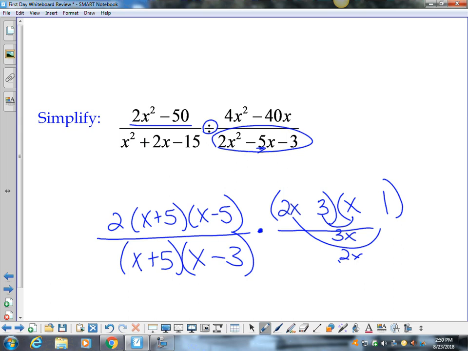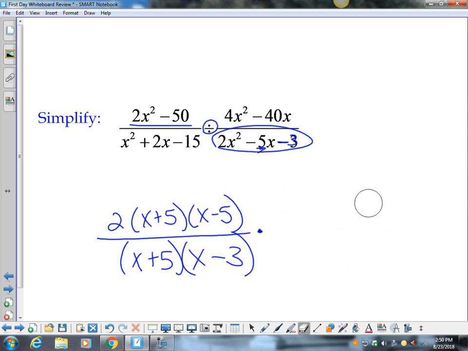But here's the kicker. If you need a negative 3, don't your signs in here need to be different so that you multiply 3 times 1, you get a negative 3. Well, if I put a negative here and a positive here, that's going to give me a negative 3x and a positive 2x. That's not going to give me a negative 5x. So you have to really, really be careful about making sure that when you multiply this stuff back out, you're getting the original problem.